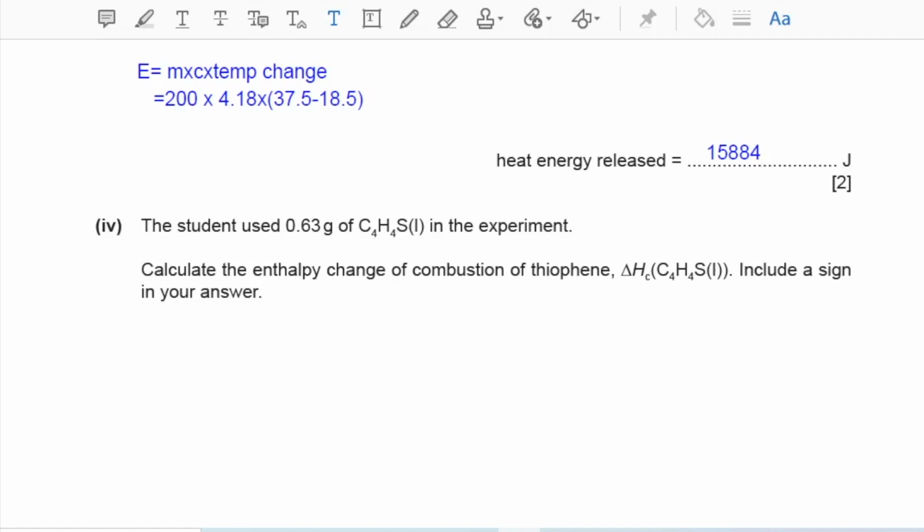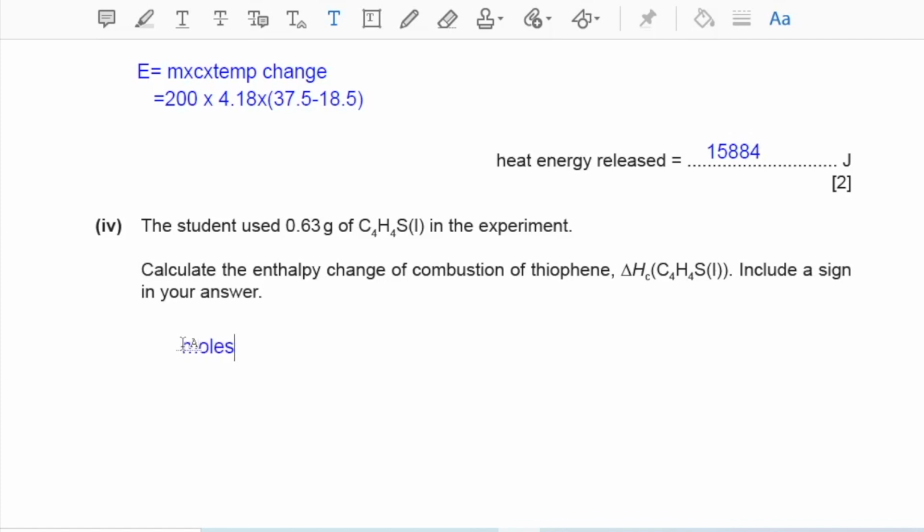Part 4, the student used 0.63 grams of thiophene in the experiment. Calculate the enthalpy change of combustion of thiophene. Include a sign in your answer. Okay, so the first step is to calculate number of moles of thiophene being used up in the experiment.